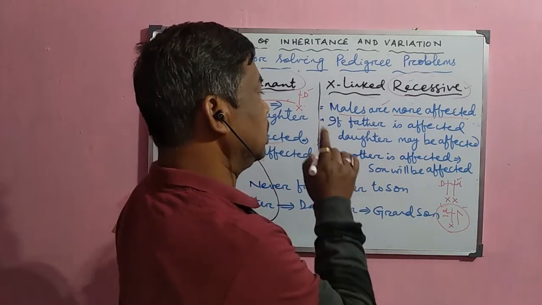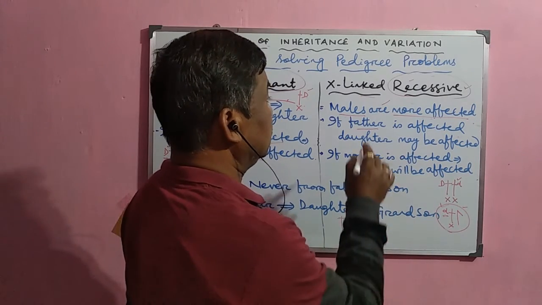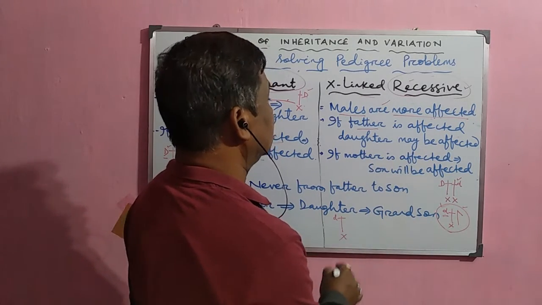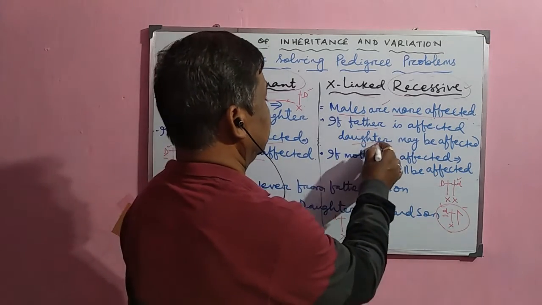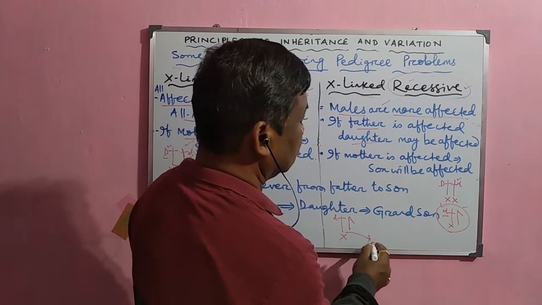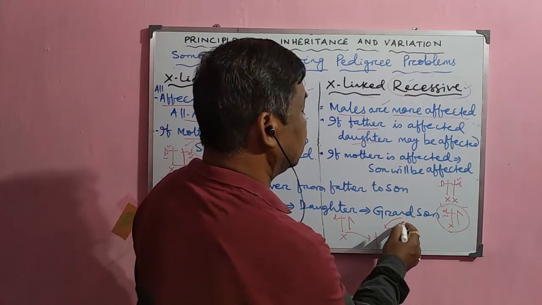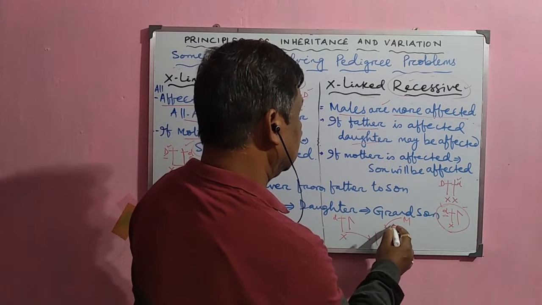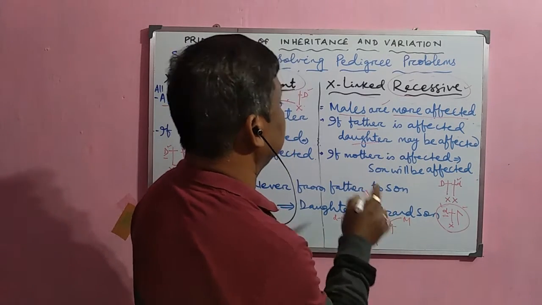Now if the father is affected, suppose this is the X chromosome of the father with the recessive gene here, then the daughter may be affected, because one X chromosome from the father goes to the daughter. But if the other chromosome from the mother is normal, then she will not be affected, but she will be a carrier.